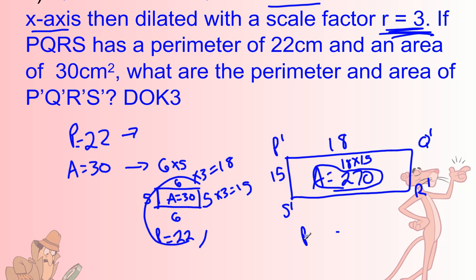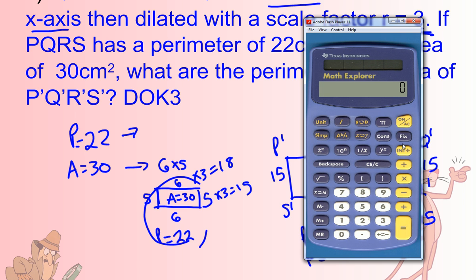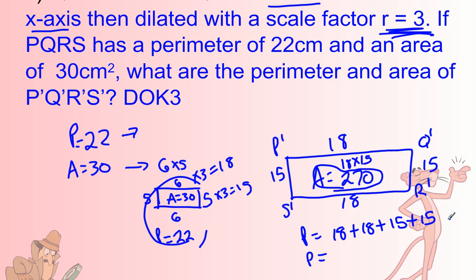The perimeter of any shape you find by adding up the lengths around the outside. So you can take 18 plus 18 plus 15 and 15 and add it together. 18 plus 18 plus 15 plus 15 equals 66.